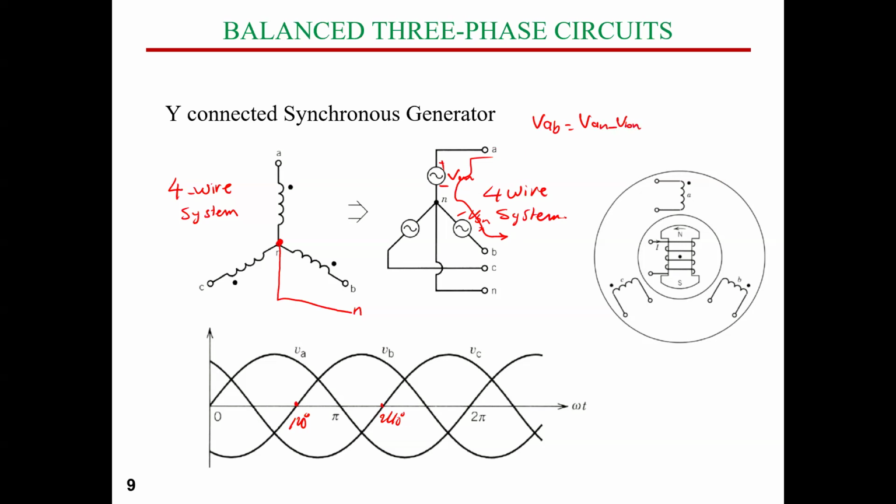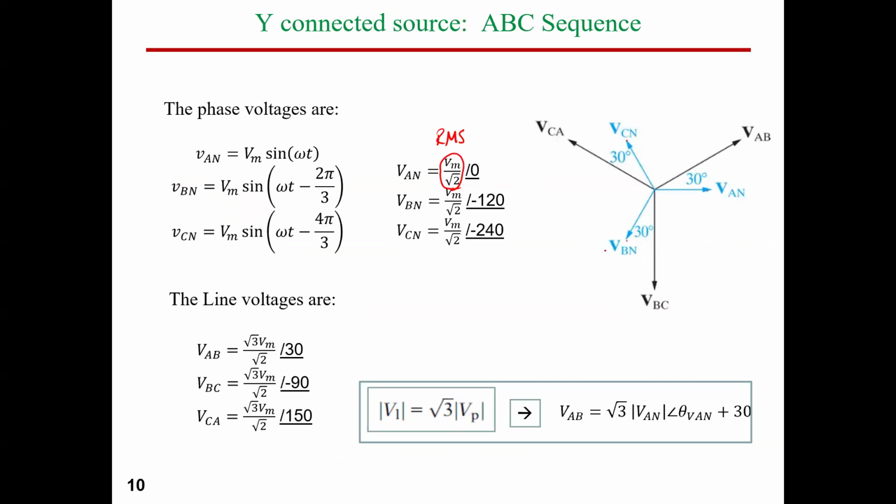Let's go to the phasor diagram and do this operation. So this is VAN, this is VBN, so minus VBN is going to be in this direction. So this is minus VBN. Adding these two vectors together will provide you with the resultant vector here. So this is VAB.